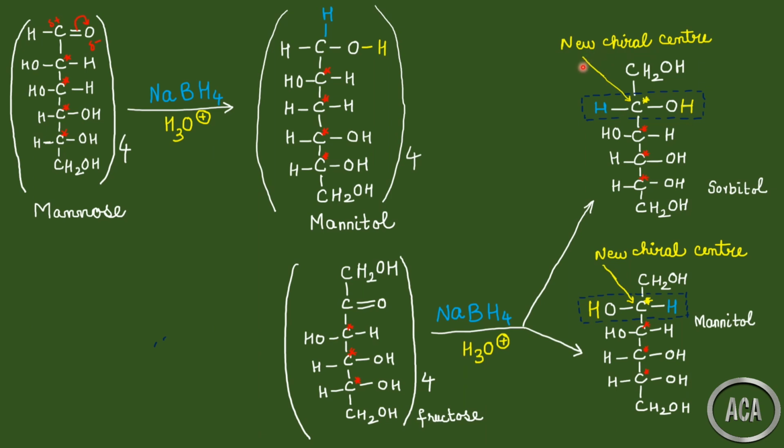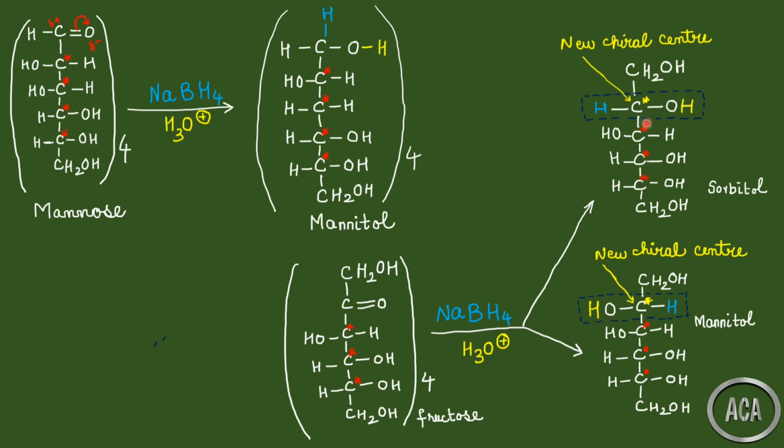So as per the rule of stereochemistry, where the new chiral center is generated, I have highlighted only that part. So whenever a new stereo center or new chiral center is generated, by default we will get two isomers. So here what are the two isomers? These are nothing but two isomeric alcohols.